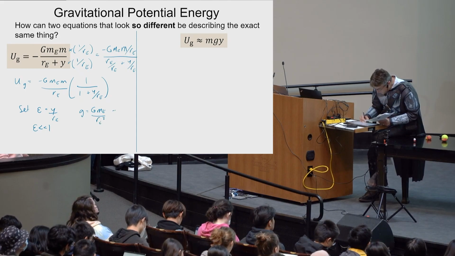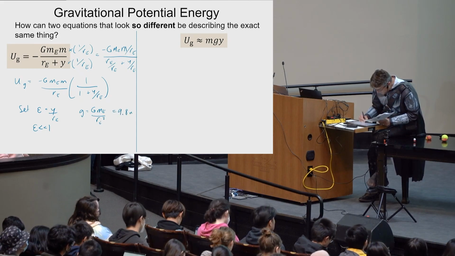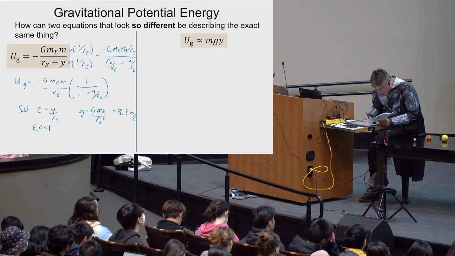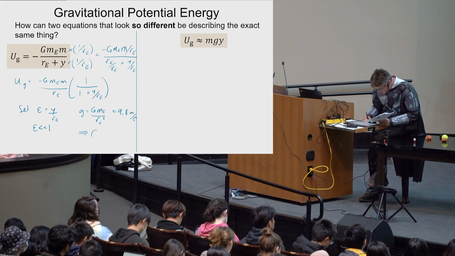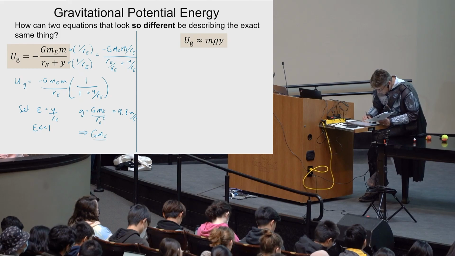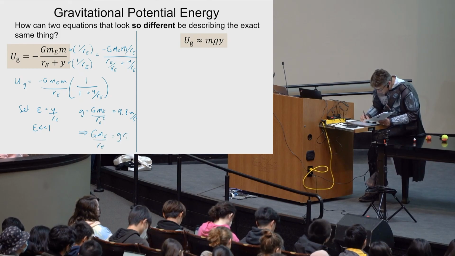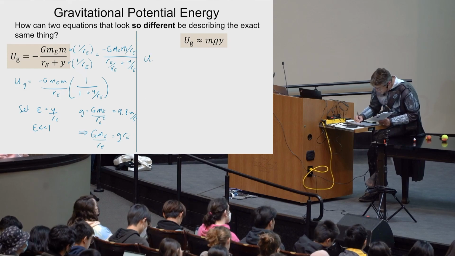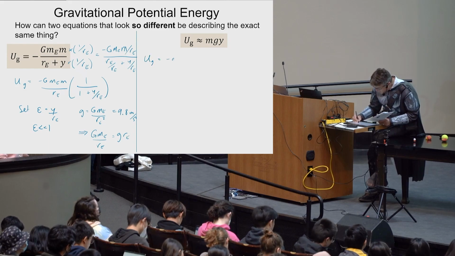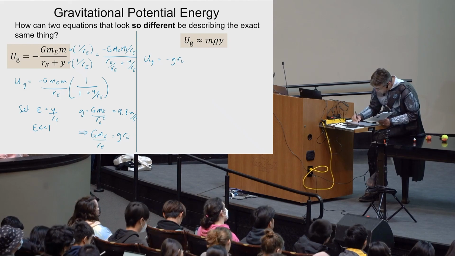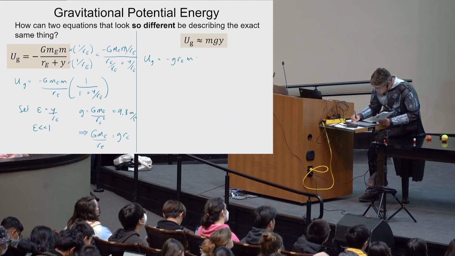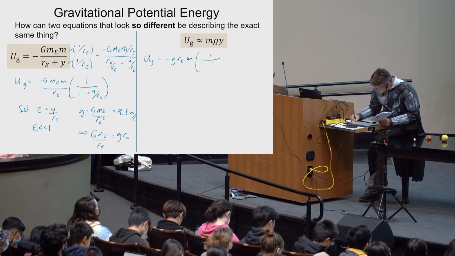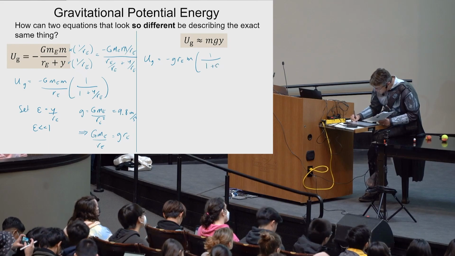Remember that? That's the 9.8. So that means capital G times mass of the Earth divided by R_E without the squared just equals g times R_E. So we can rearrange this and get that U sub G is negative g R_E times lowercase m, times 1 over 1 plus epsilon.